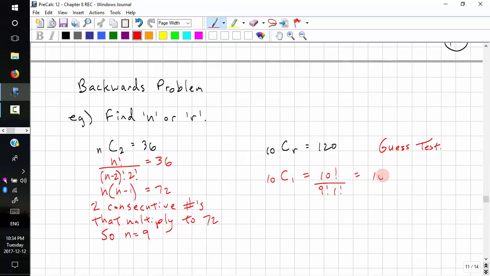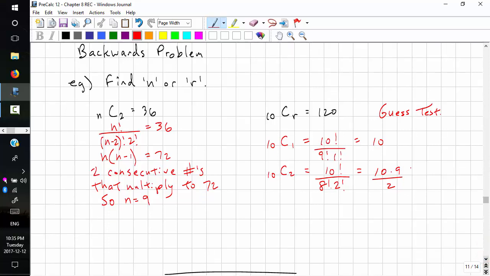But what does this mean? This means 10. 10 choose 2. We're going to start to see a pattern developing here. This time we have 10 times 9 divided by 2. And that's 45.